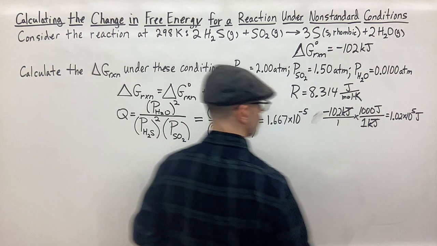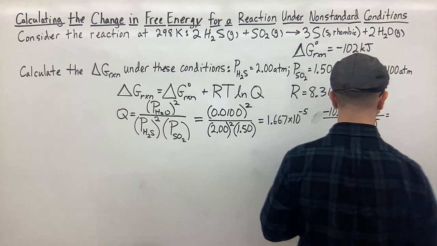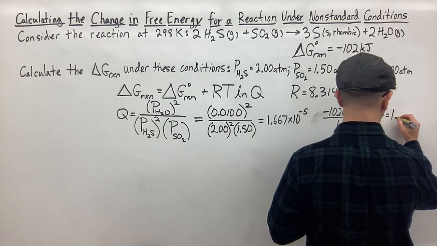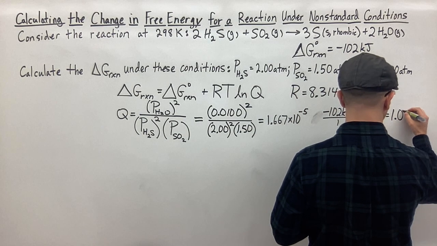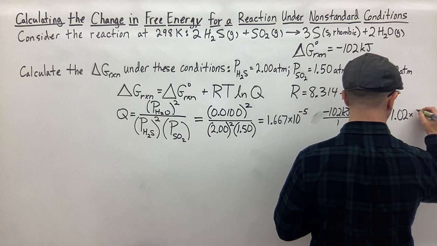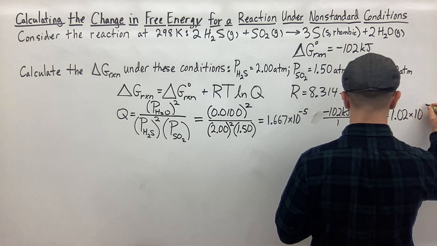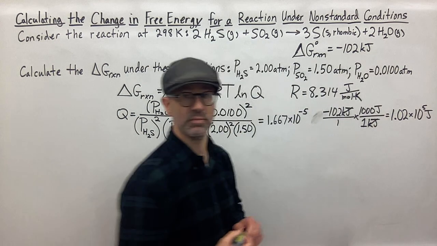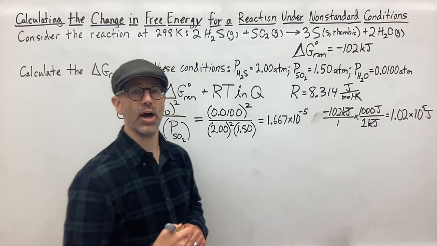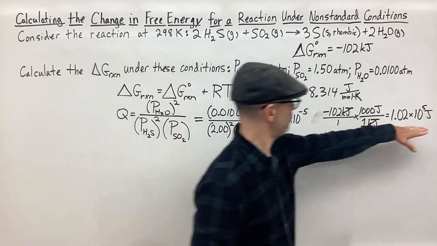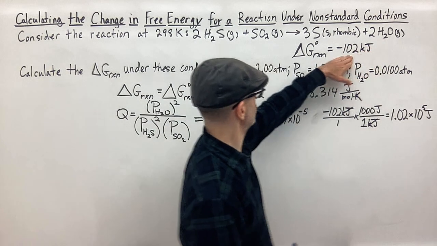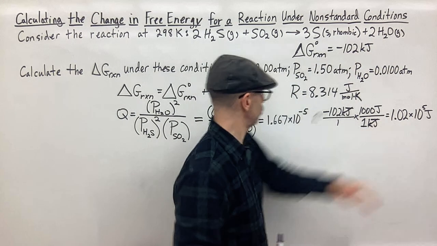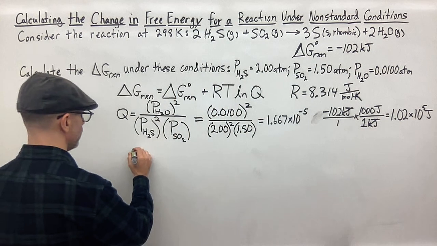So here, let me write that out clearer. So I have 1.02 times 10 to the 5th joules. That's much better. All right, so here I have my standard free energy change in joules, so we can plug everything into our equation.